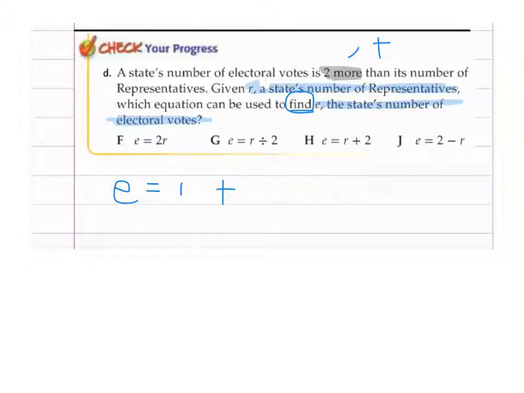So we have electoral votes equals the state's number of representatives plus 2, because there are 2 more electoral votes than the number of representatives. So we have E equals R plus 2. Which one, F, G, H, or J, shows what we found to be our equation? Good. H. E equals R plus 2.